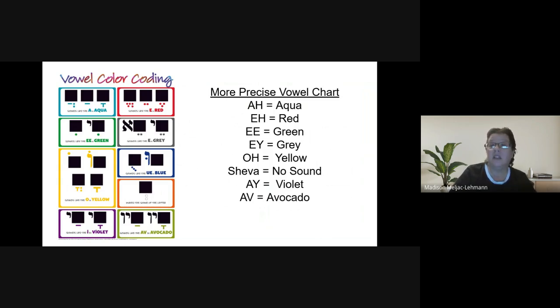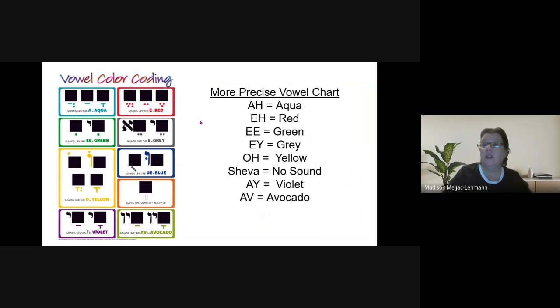A is like aqua. E is like green. O is like the O in yellow, and those are all your O's. Just so you notice, we have two A vowels, the Hataf Kamatz and the Kamatz. Those are two exceptions that we'll talk about later, but they put them all in there.